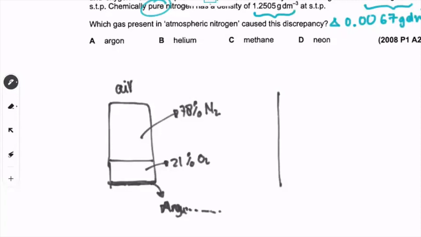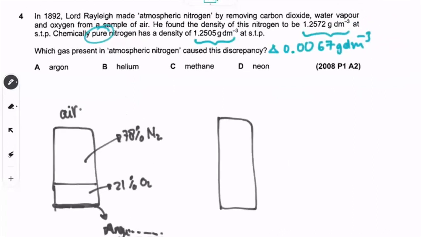If you remove the oxygen from air, then you have only nitrogen, which is very high, around 99.99%. Then you have other gases.